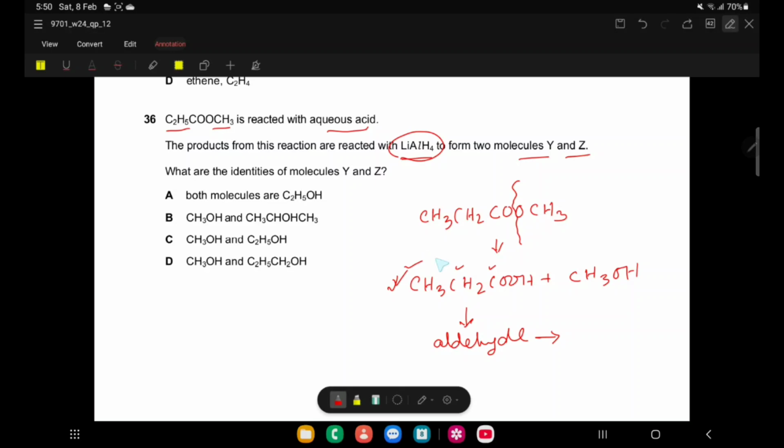So the 3 carbon alcohol, CH3CH2CH2OH. Your final product will be methanol and propanol. This one is your correct answer. 36D is your correct answer.